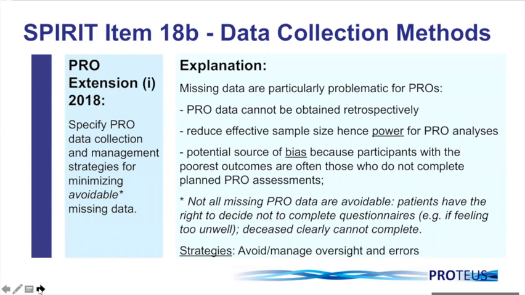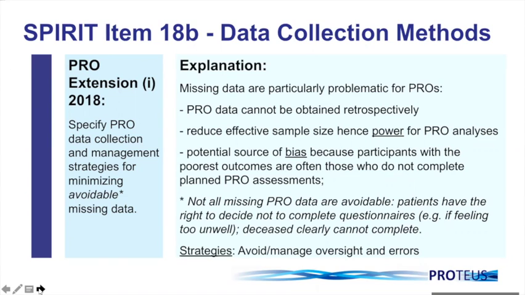talks about the need to specify PRO data collection and management strategies for minimising avoidable missing data. Now, the explanation for this hinges on the fact that missing data are particularly problematic for PROs for three reasons. First, unlike many other types of data in clinical trials, PRO data cannot be obtained retrospectively.